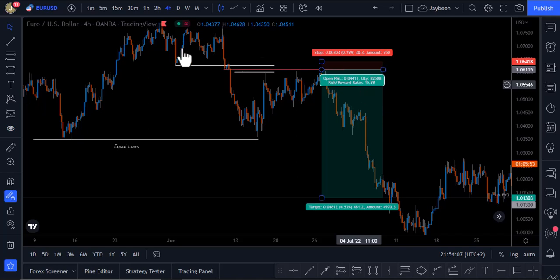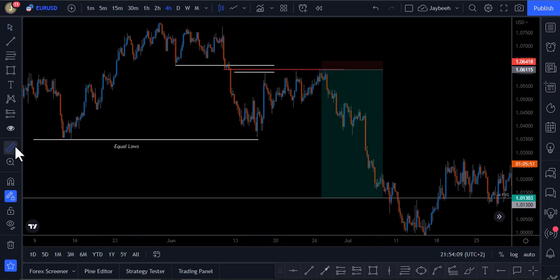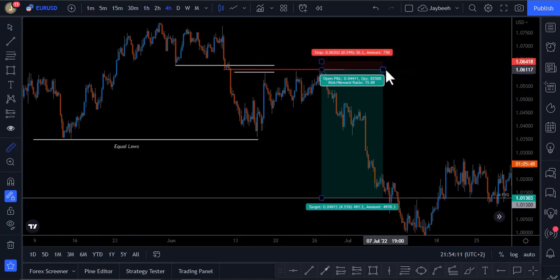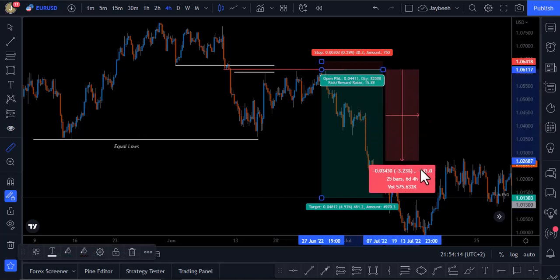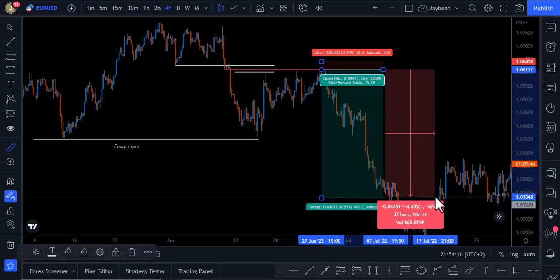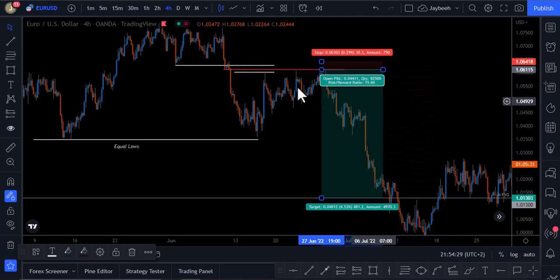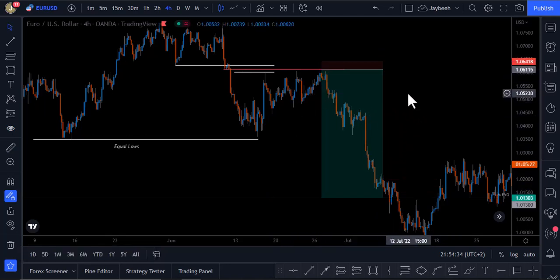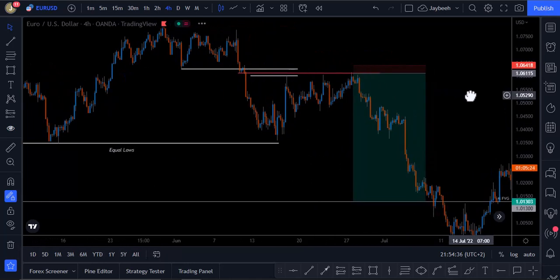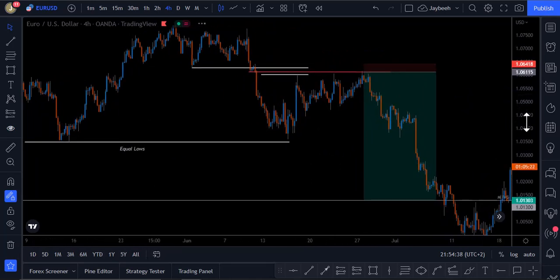So this movement was so huge. You were going to make a lot of money if you were trading with me. So this one was almost 480 pips, almost 500 pips on this swing trade. So that is my review on the Euro USD swing trade that I took.